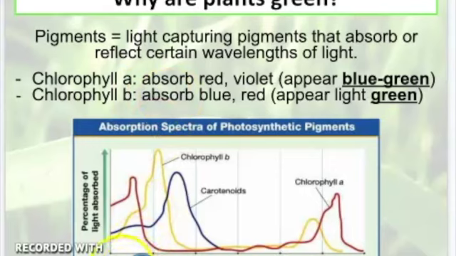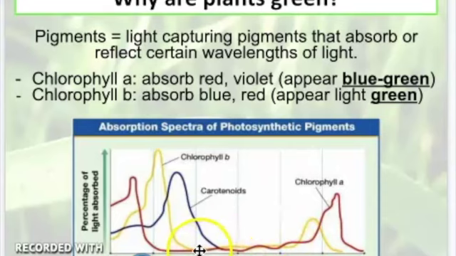Now with chlorophyll B, we can see that there is an extremely high amount of blue wavelengths that are absorbed. And even into our orange and red wavelengths, those are going to be absorbed as well.